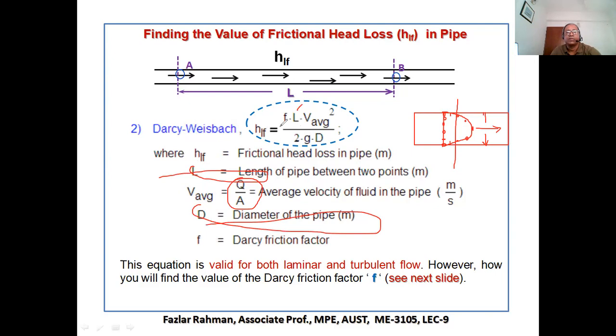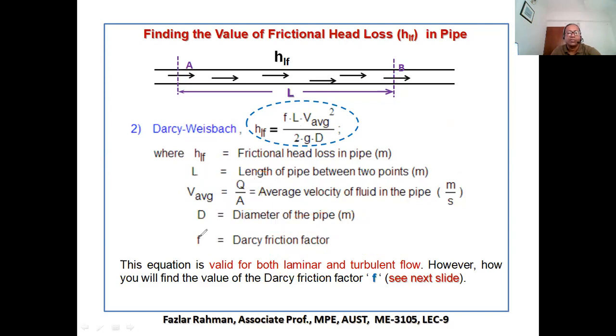Now what is left? F. F is called the Darcy friction factor, and it depends on laminar flow, turbulent flow, and also on surface roughness and the material. Okay, so we need to know how we can figure out the Darcy friction factor.